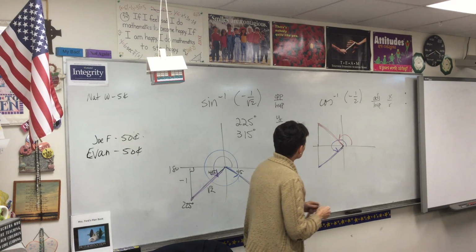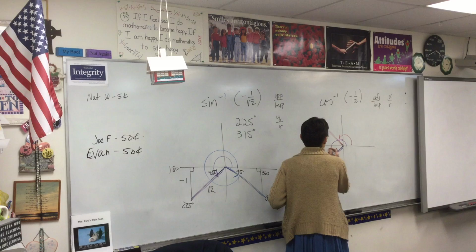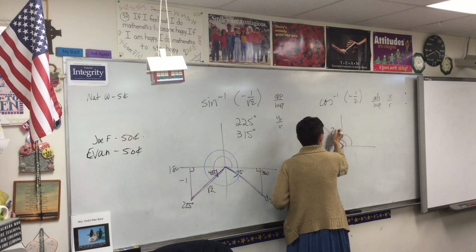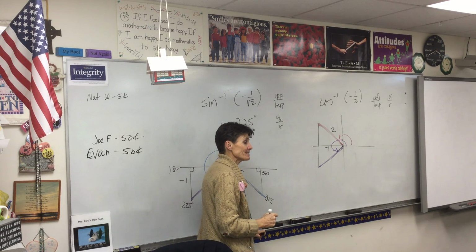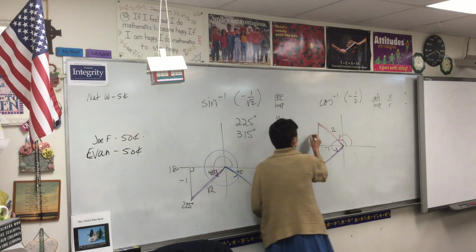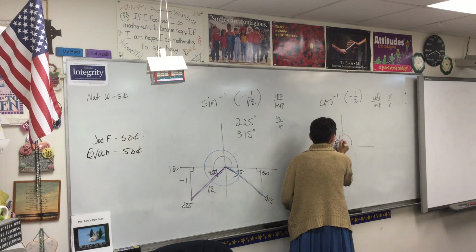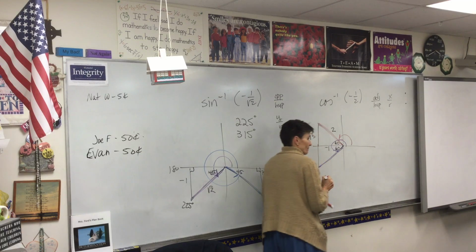Now, we gotta figure out how big those angles are. The cosine is adjacent over hypotenuse. That's a 60. This is a root 3, so the angles here are 60s. That's 120.